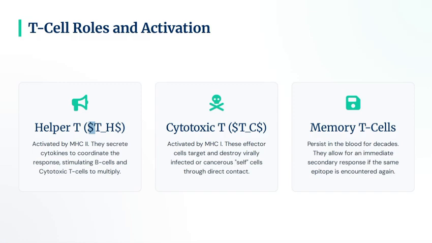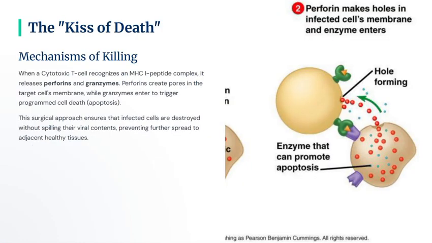Okay, so we're gonna understand the kiss of death. It's very morbid. So, mechanisms of killing. When a cytotoxic T cell recognizes an MHC1 peptide complex, it releases perforins and granzymes. The perforin creates pores in the target cell's membrane, while granzymes enter to trigger programmed cell death, apoptosis.